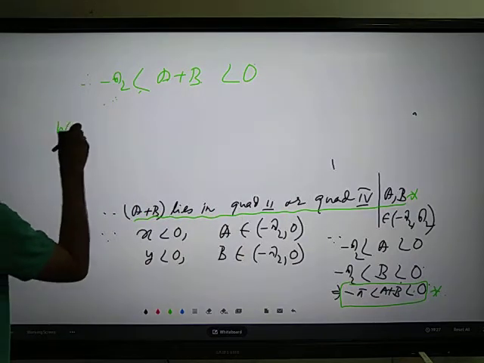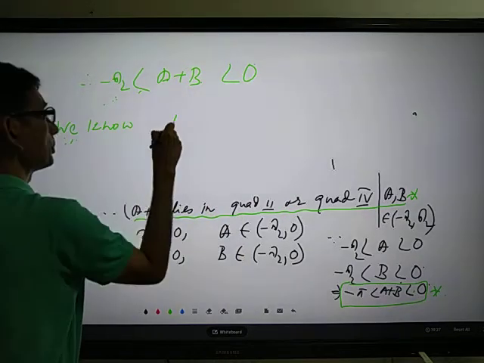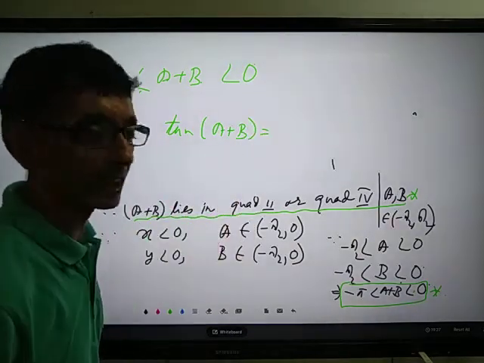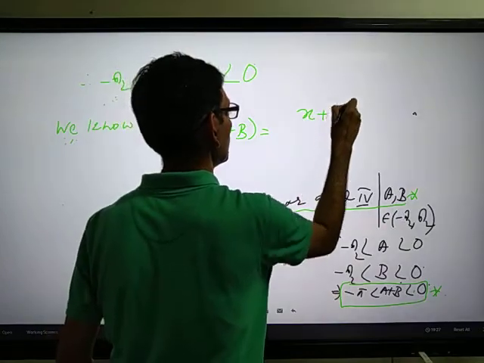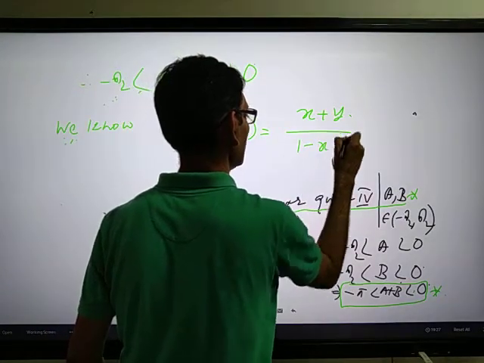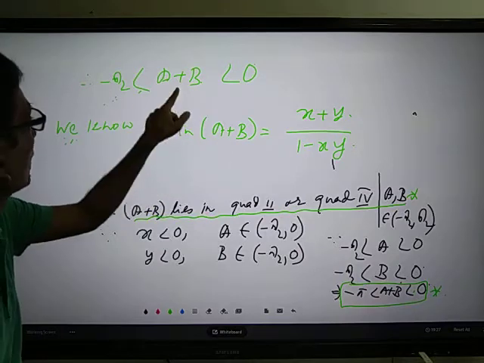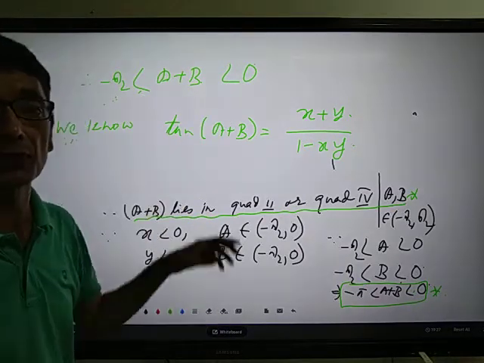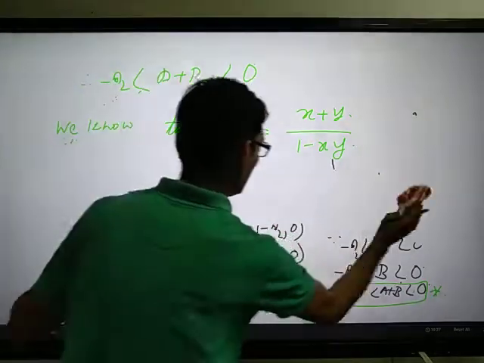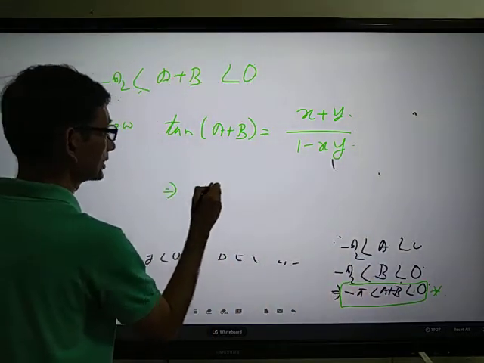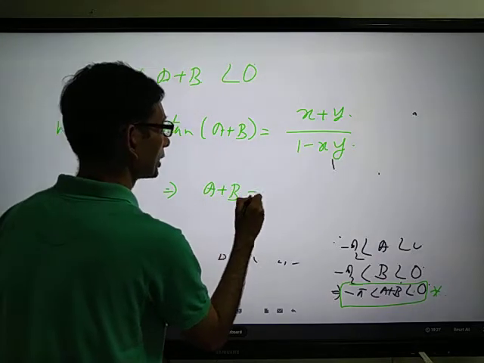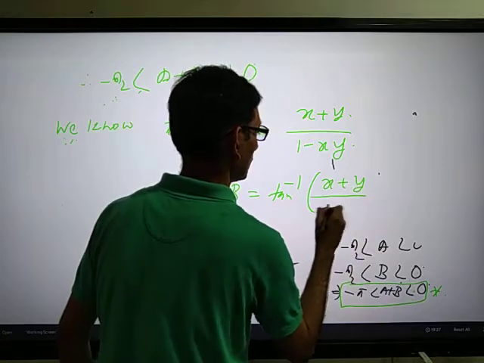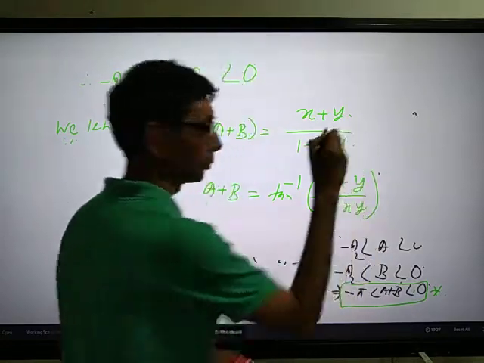We know tan(A plus B) is equal to x plus y divided by 1 minus xy. Now A plus B lying between minus pi by 2 to 0 means A plus B is lying in the range of tan inverse. So we can write the next step as A plus B equal to tan inverse of x plus y upon 1 minus xy.